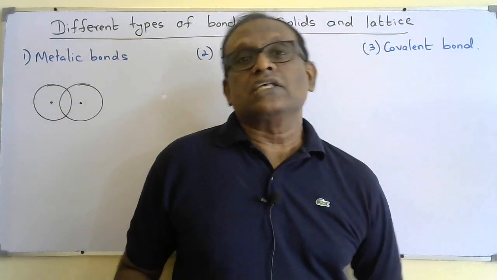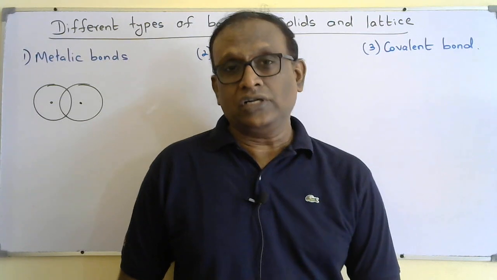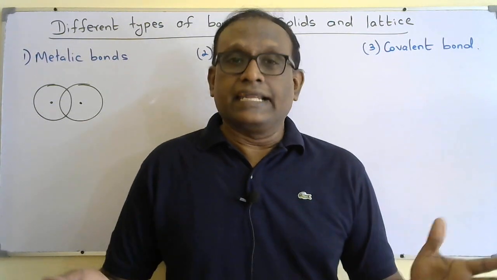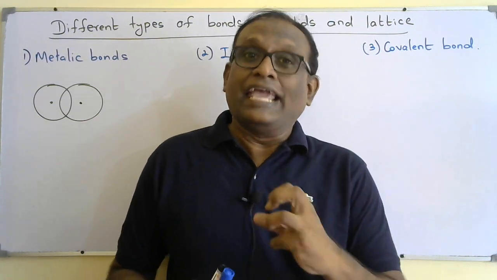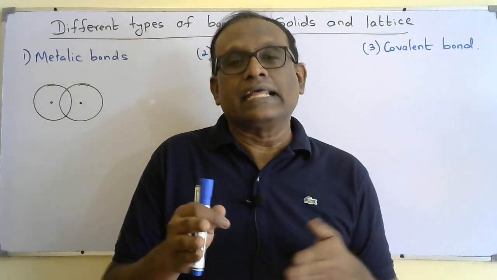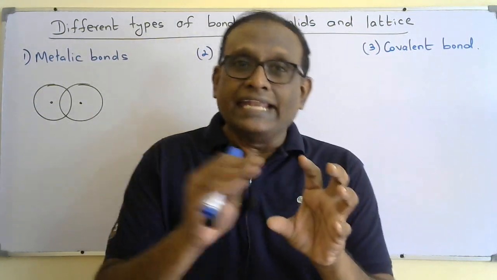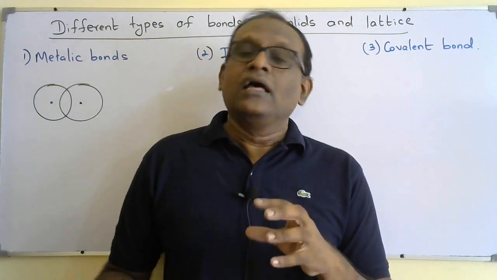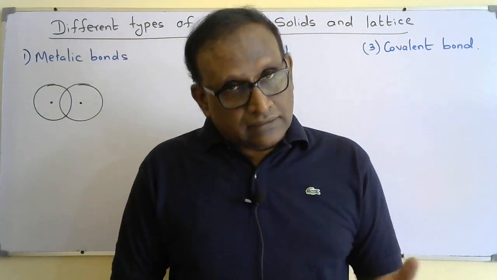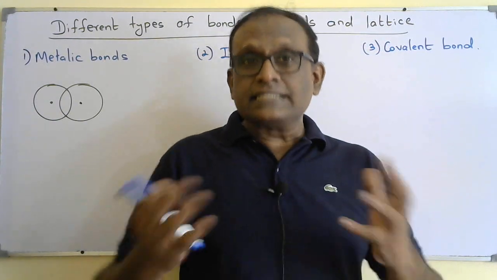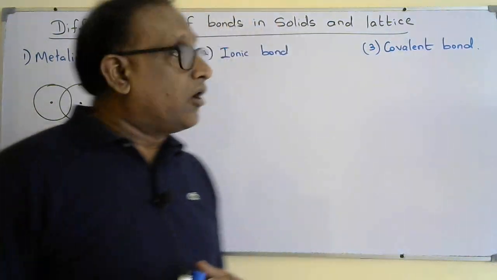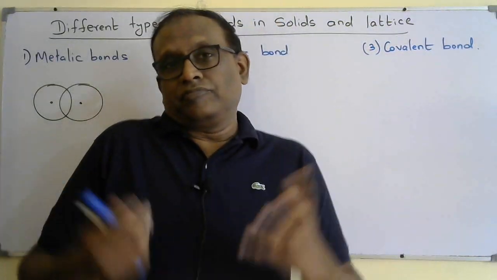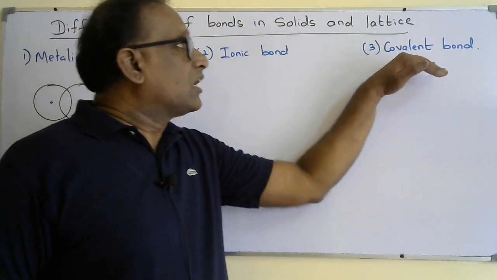The property of these covalent bonds is very useful in designing these components because we are able to dope. I'm going to tell about these things. Doping means adding some other elements to the semiconductor and we can create different electrical properties. So that's the very helpful or favorable property of this covalent bond.